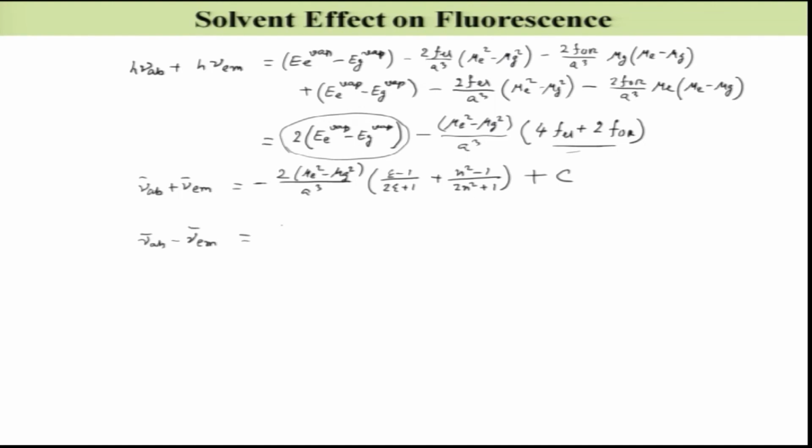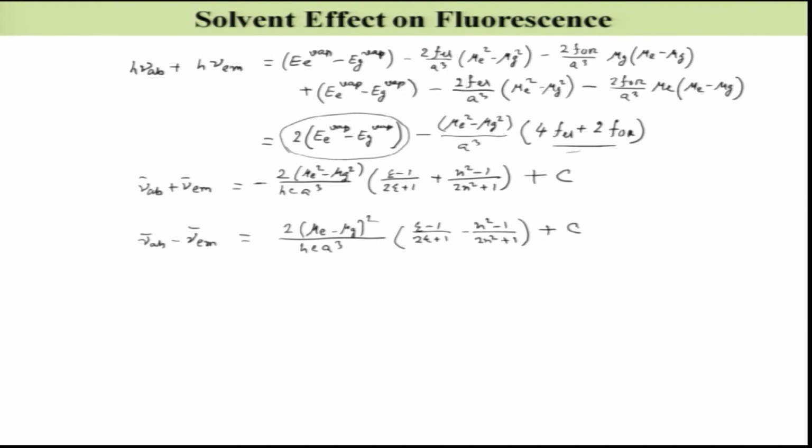That is equal to twice (mu_E minus mu_G) whole square by hc a cube, oh, I missed hc. And here that function is minus (epsilon minus 1) by (2 epsilon plus 1) minus (n square minus 1) by (2 n square plus 1), and then that vapor part, because of this vapor part I have this constant C, right.